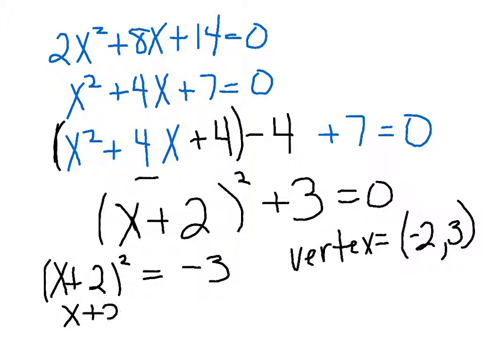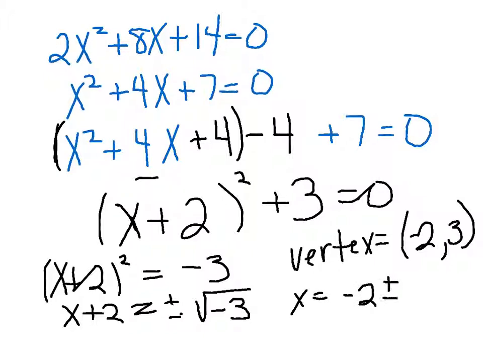So x plus 2 equals plus or minus the square root of negative 3. Now I need to subtract my 2 from both sides, and I will have x equals negative 2 plus or minus the square root of negative 3.